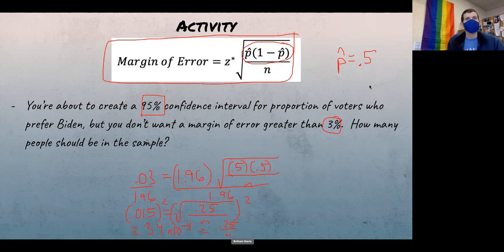And then just doing a little switcheroo, a double move here, I can say that n equals 0.25 divided by 2.34 times 10 to the negative 4. Okay, no worries. And now that gives us 1067.11 and so on.